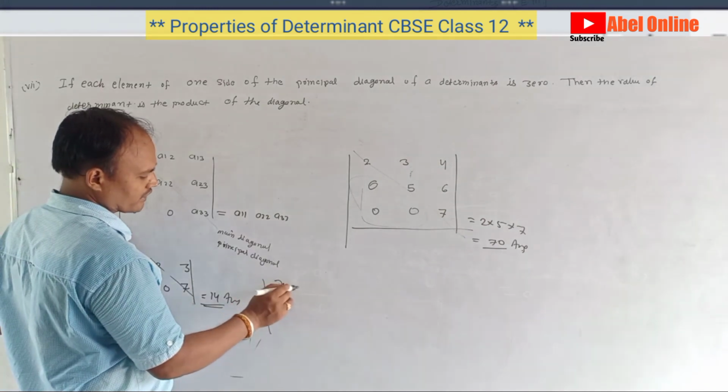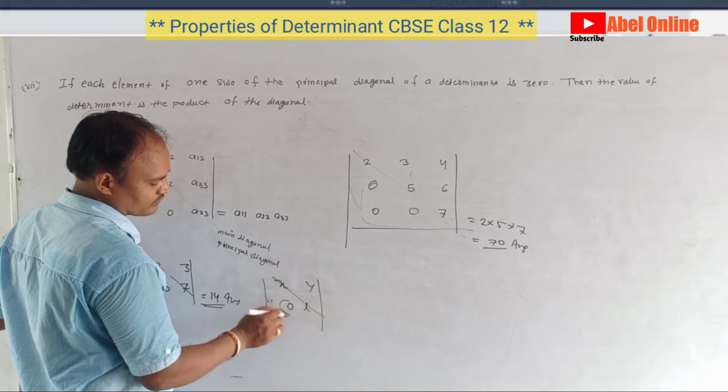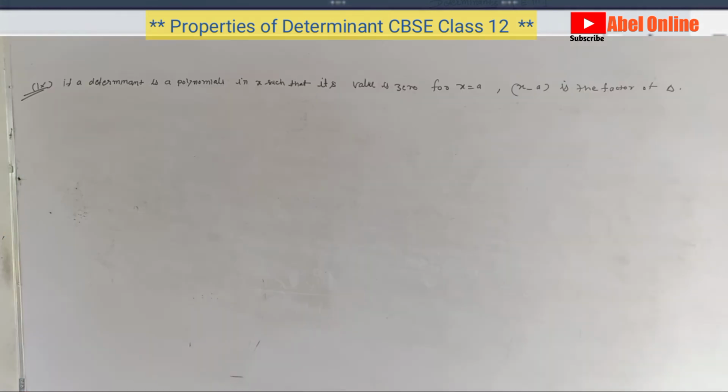Suppose this is x, y, 0, L. The lower part is 0, so the answer is xL. Now, if the determinant is 0 for x equal to a, then x minus a is a factor of delta.